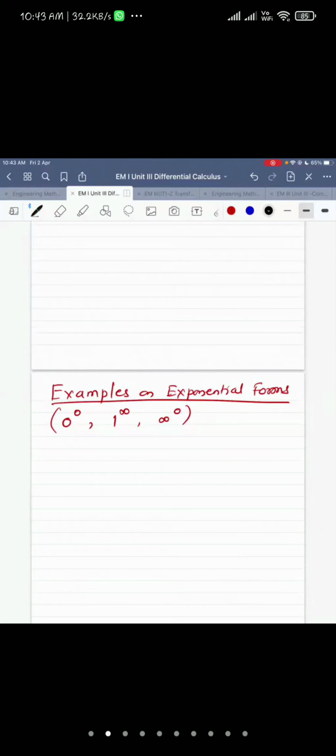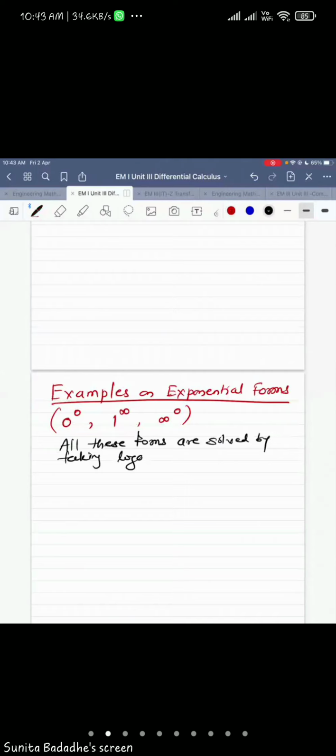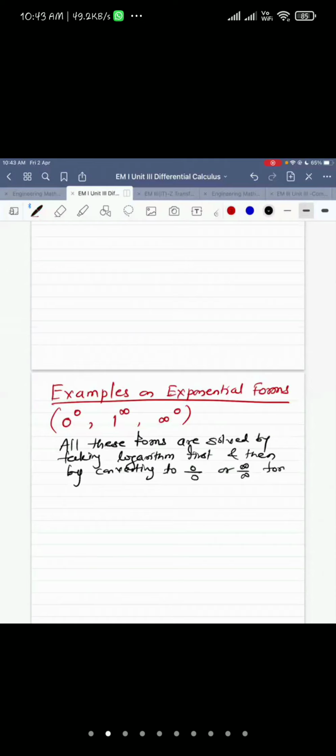But the procedure for all these forms is that they are solved by taking logarithm first and then converting to 0 by 0 or infinity by infinity form.